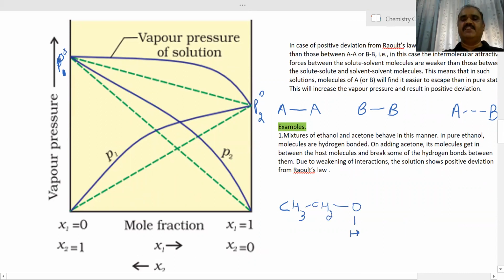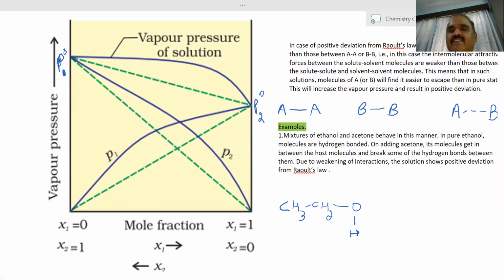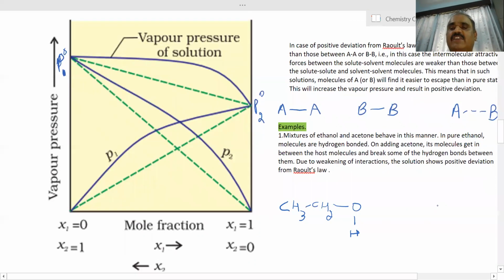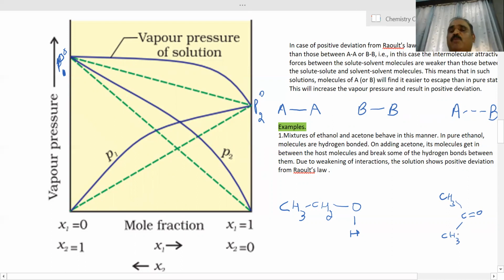This H is acidic H. It is directly bonded to oxygen. Okay. And acetone is what? Acetone is CH3, C double bond O, single bond CH3. Clear? Propanone, acetone common name.